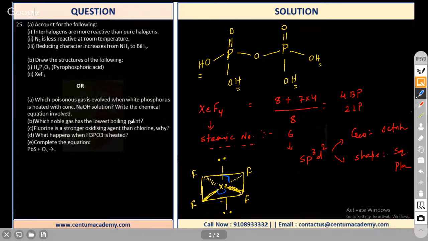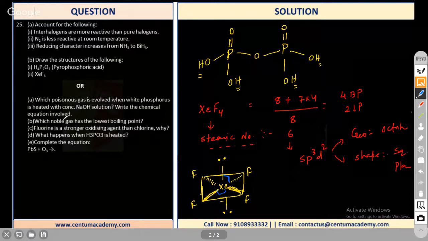PH3 plus NaH2PO2. Okay. This kind of reaction, you write down the balanced reaction. Right? Phosphine is the poisonous gas we have here.